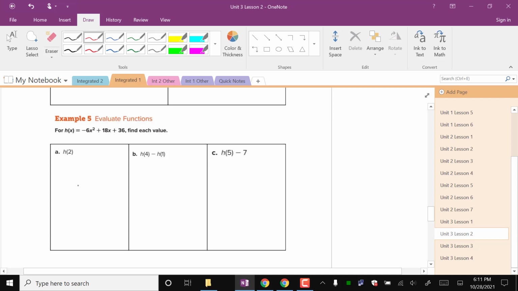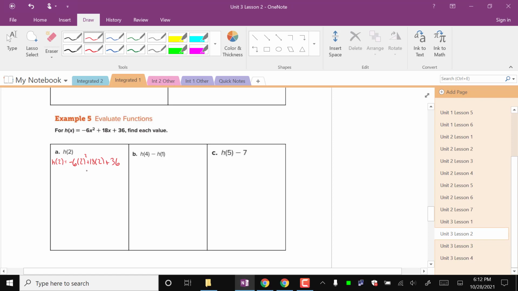Let's put the 2 in there. So h of 2 equals negative 6 times 2 squared plus 18 times 2 plus 36.